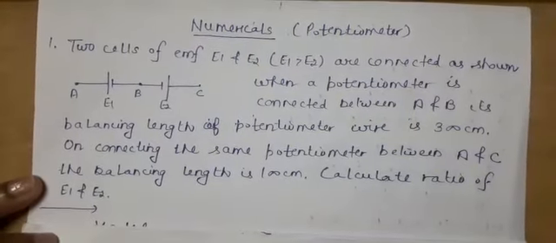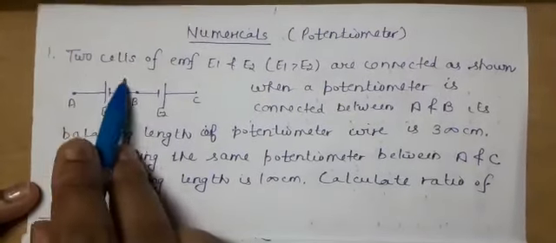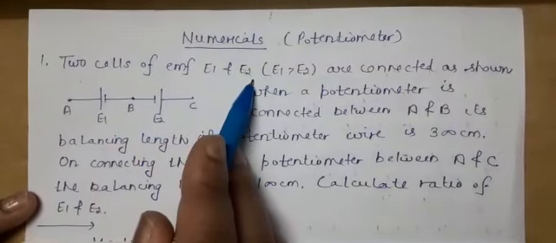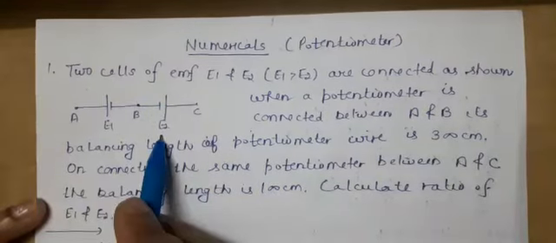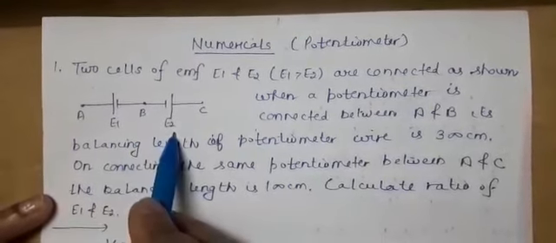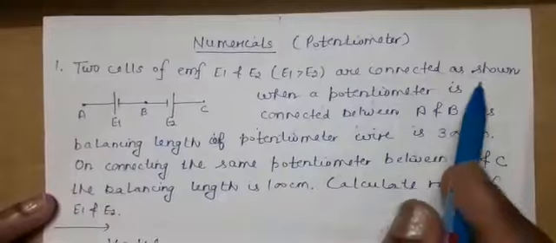Now see the numerical section. Two cells of EMF E1 and E2. Here it has been given E1 is greater than E2. This figure is given. E1 and E2 are connected in this manner, as shown.